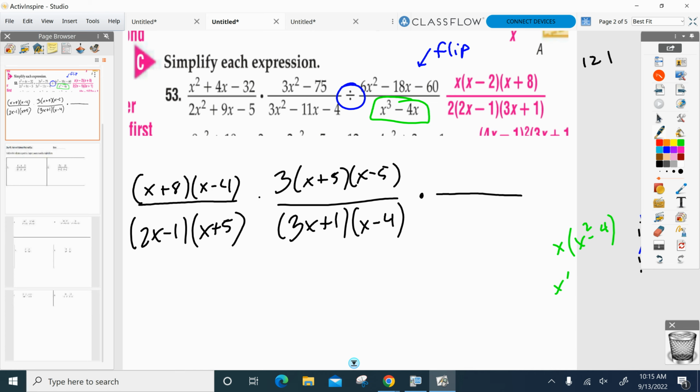Good. Factor again. Do not put this into the problem unless it's fully factored. It has to be fully factored. And the bottom. 6x squared minus 18x minus 60.